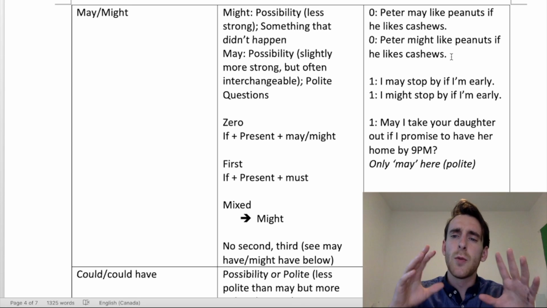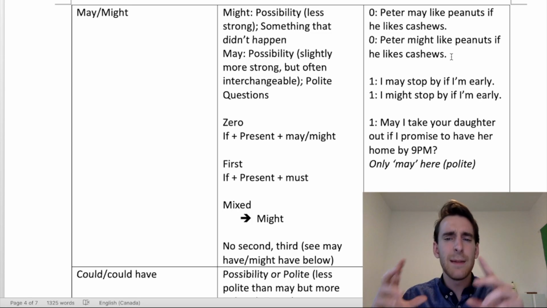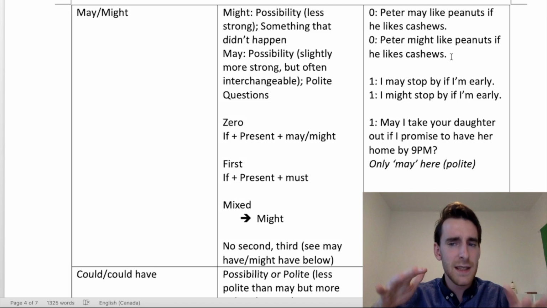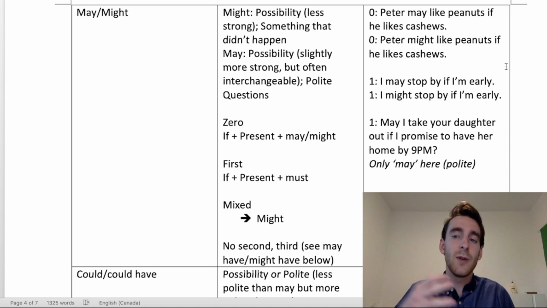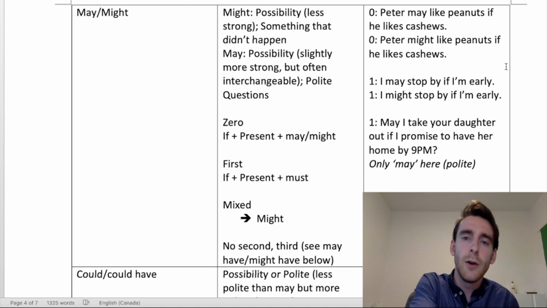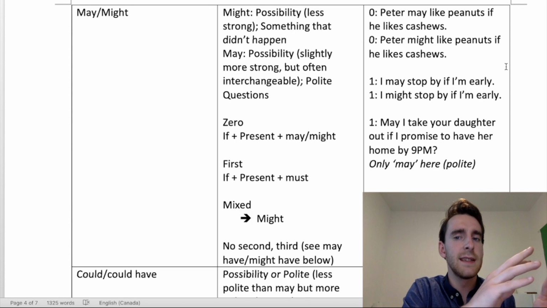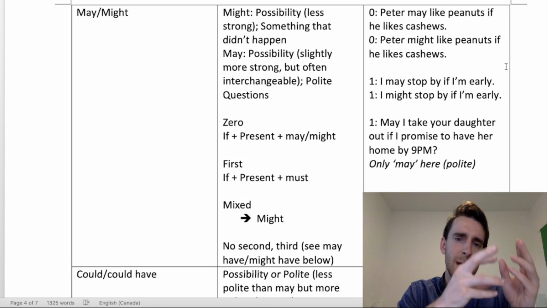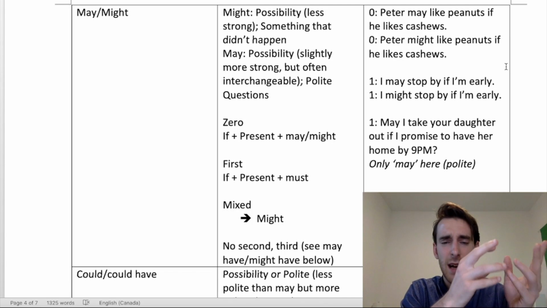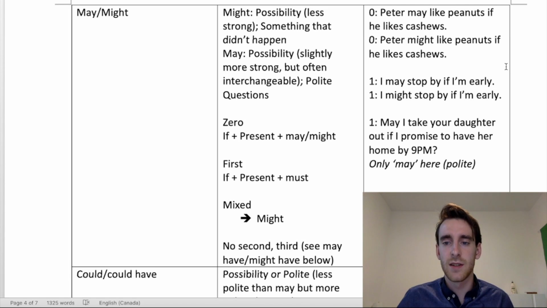So Peter may like peanuts. That means it's maybe, but I have a bit of a stronger inkling than the might here. He might like peanuts means, maybe not low probability, but low to medium, right? And may is maybe about medium probability, and maybe a tad bit higher depending on the context.